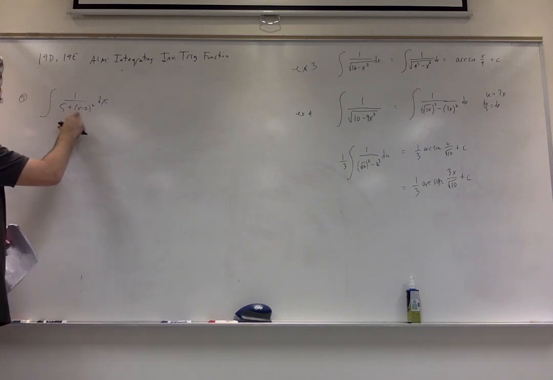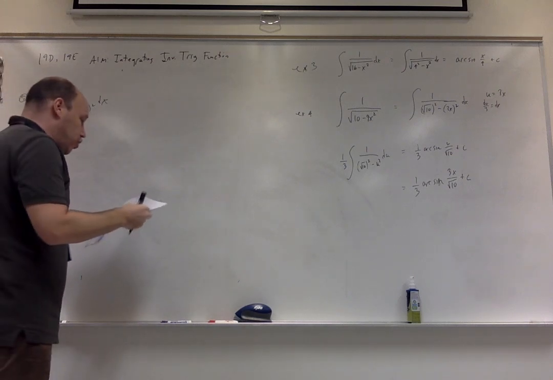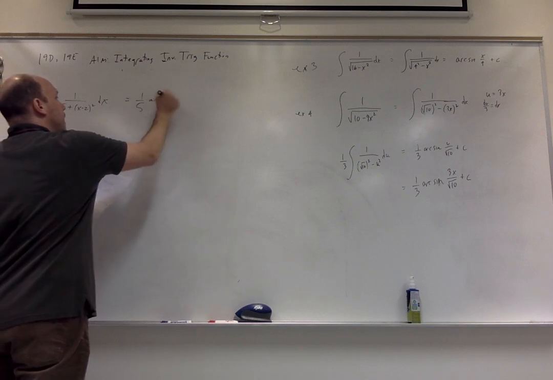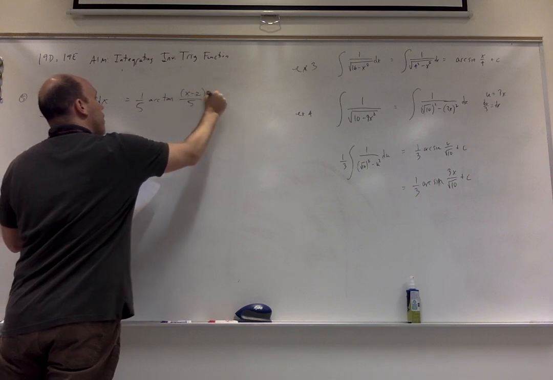You might say, okay, that's still in the form of the tangent, so we know it's 1/5 arctan of x minus 2 over 5 plus c.